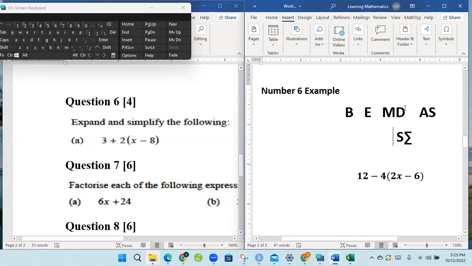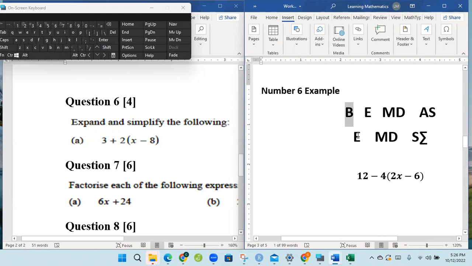Multiplication and division come interchangeably. They must come before subtract and sum. Here we're using S for sum. E for exponent. Exponents come before multiplication and division, and B for brackets. And you can call it BEMS, okay?